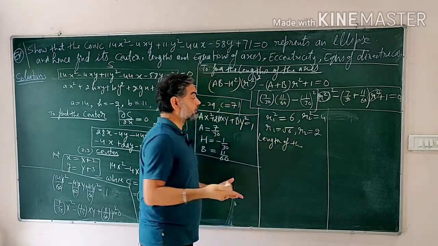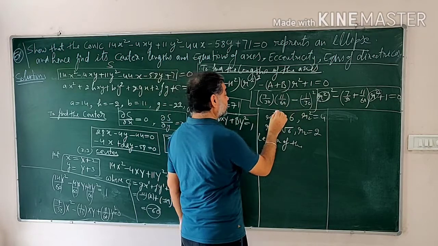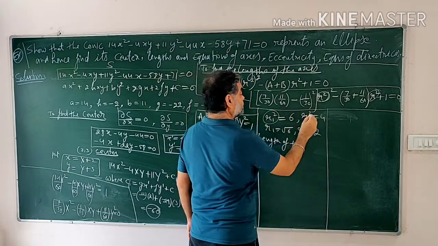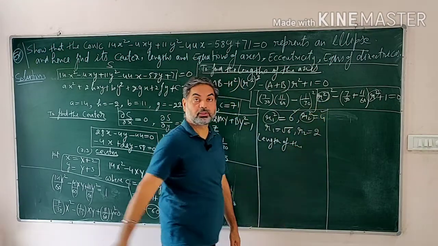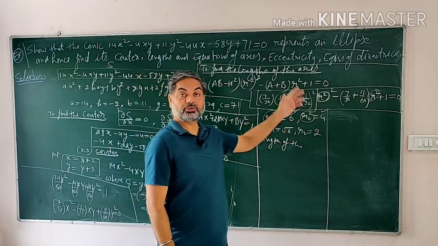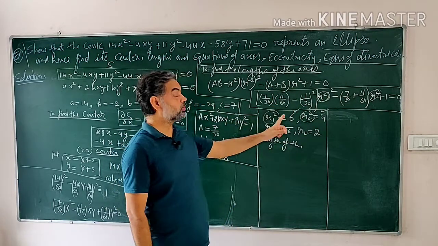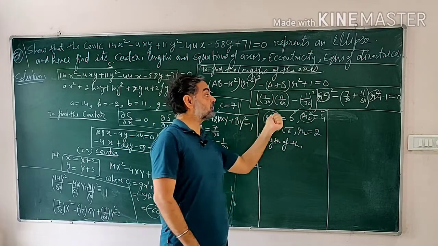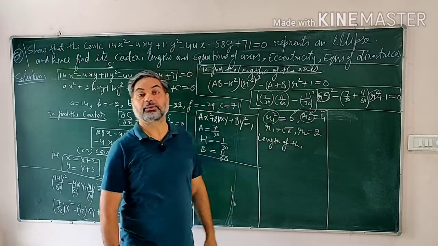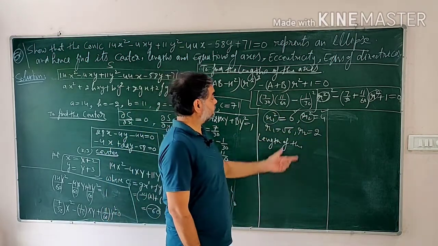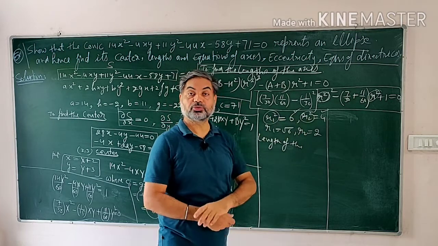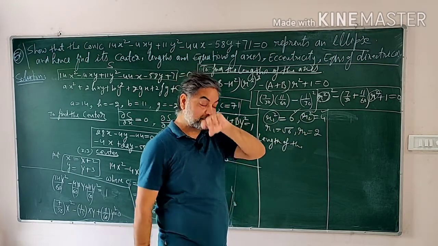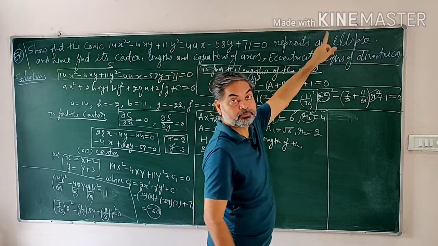First of all we notice that the two roots of this quadratic equation are both positive. If the two roots are both positive, then this conic is an ellipse. If one root is positive and the other is negative, then it is a hyperbola. Since both roots are positive, this represents an ellipse.